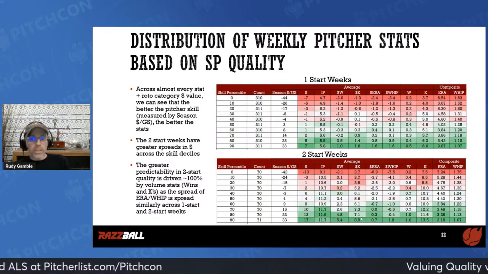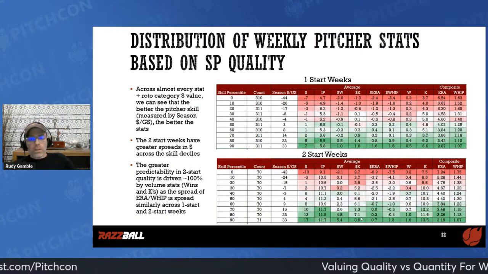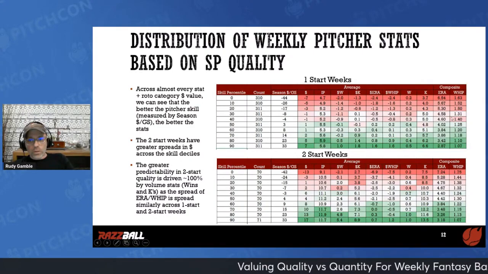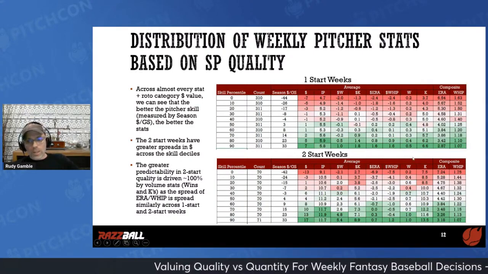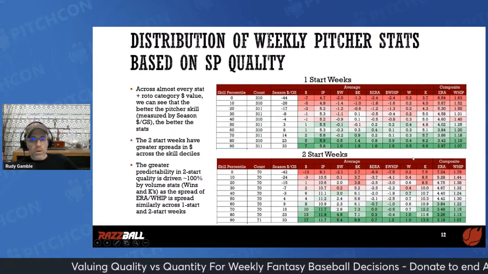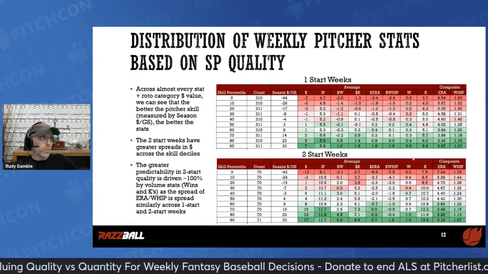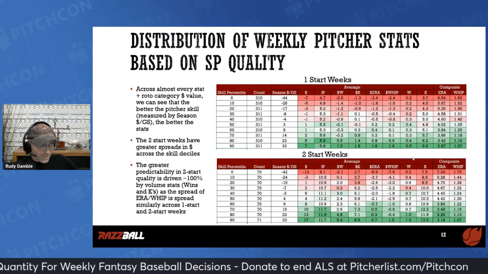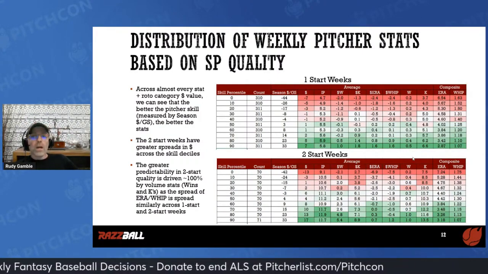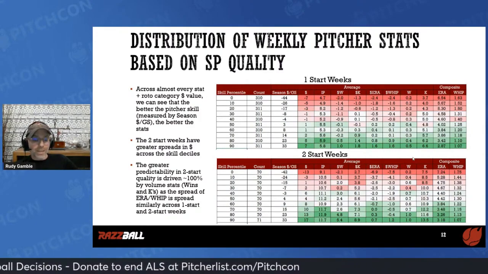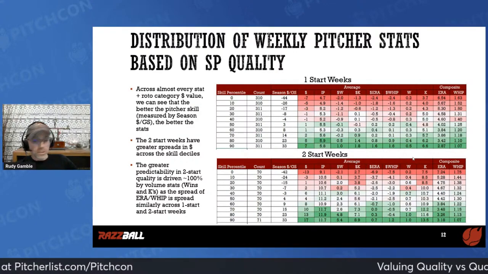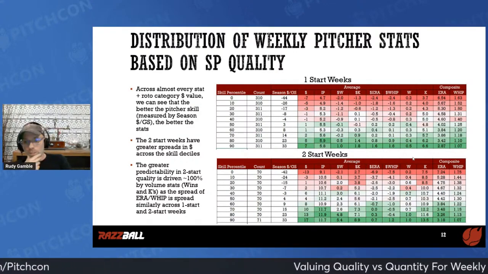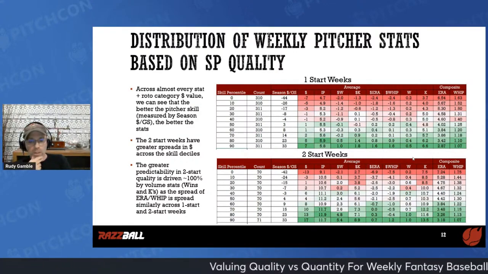If you look at wins and Ks, the third and fourth from the right, you're getting almost near double with two starts. That's obvious. We would expect it to be near double. But that's why two-start weeks are more predictive on skill, because you're getting better wins and Ks from your higher-skilled pitchers.